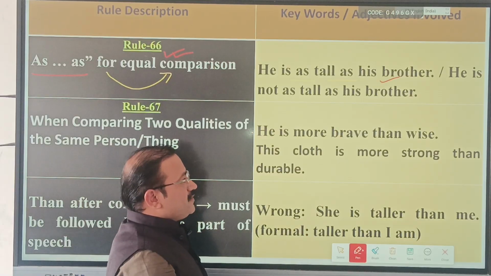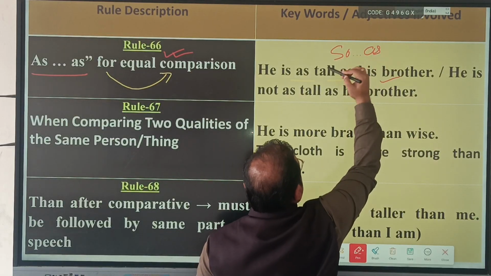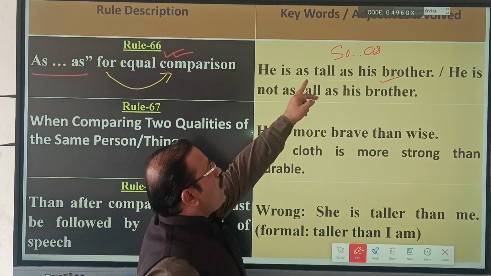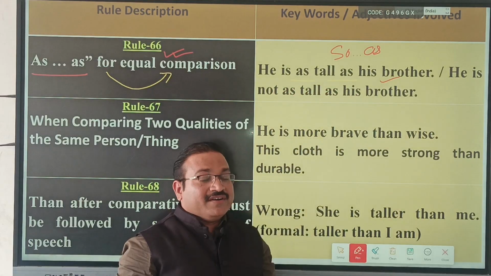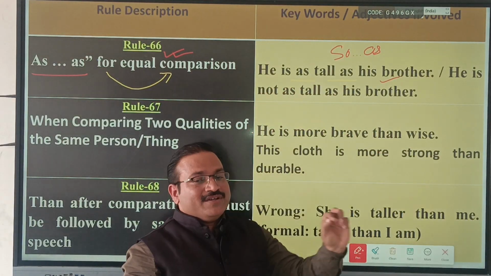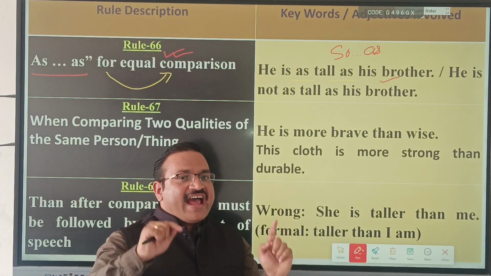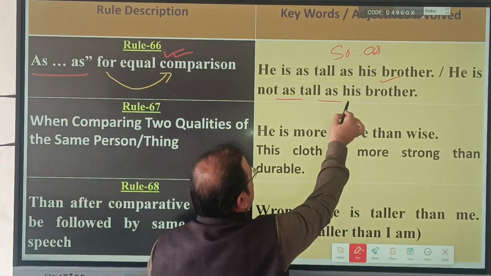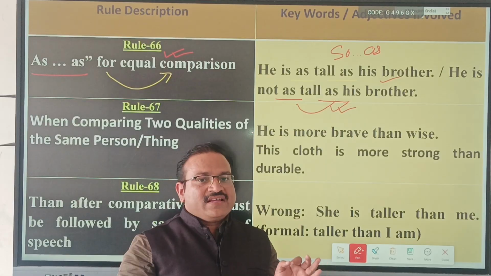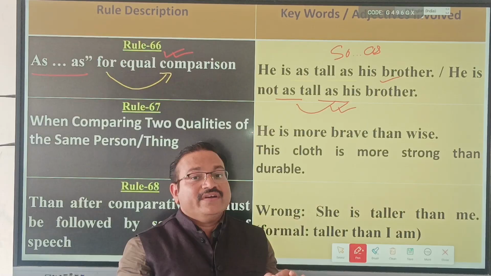For negative comparison, you have to use so as. If I have to write this negatively, he is not so tall as his brother, then it is right. I cannot write he is so tall as his brother. So as is used in negative comparison, in a negative sentence. As is used in positive comparison, equal comparison. Yes or no? As for positive comparison, so as for negative comparison.